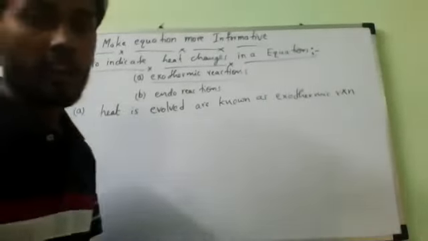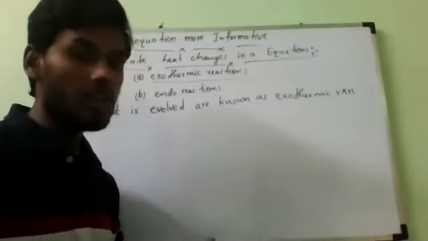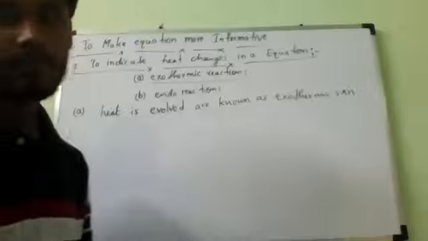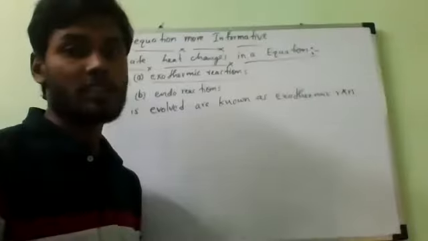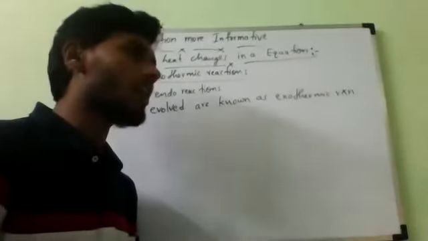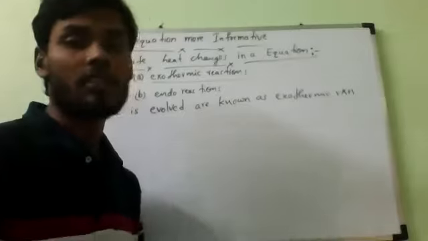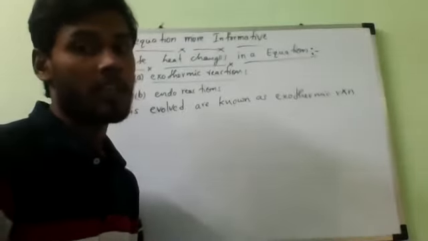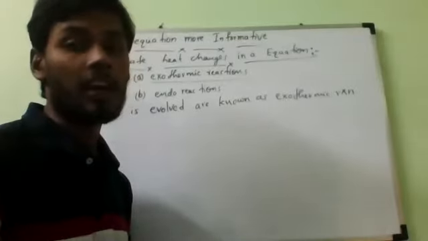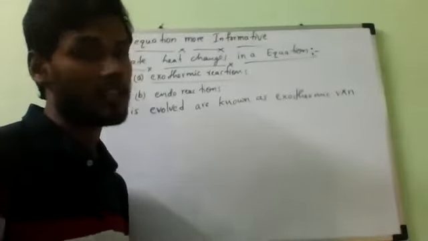If you want to survive, we need food, correct or not? We need energy to stay alive. Is it true or not? Yes, sir. Combustion of fuels like wood, coal, kerosene, petrol, diesel, all are examples of exothermic reaction because in every such reaction heat is released, or the reaction produces heat energy.